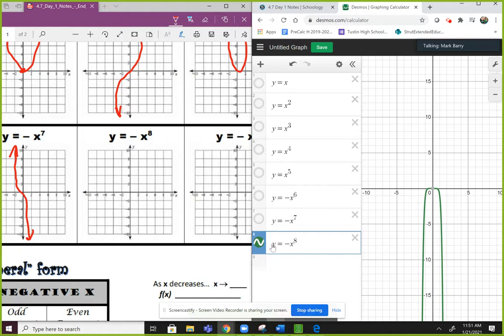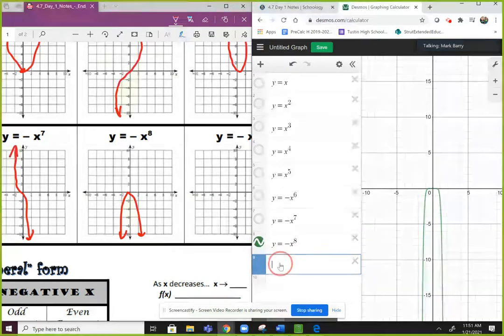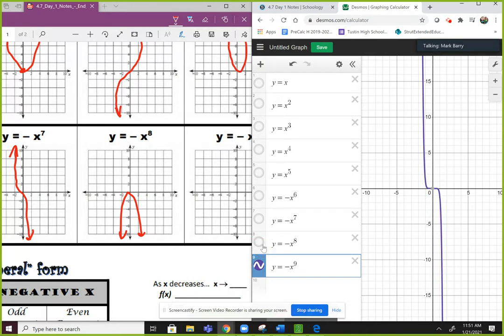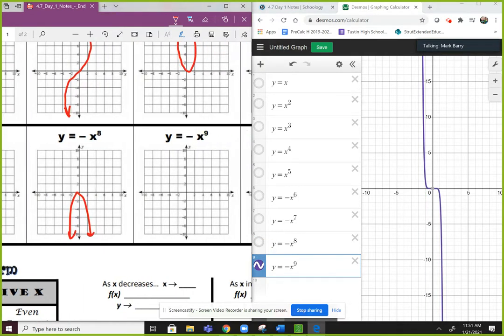So what we're starting to notice here, again, as kind of expected, is that the even exponents really act all the same, and the odd exponents also act all the same, okay? So with that logic, we should be able to predict negative x to the 9th power. I would say it just looks like that negative x to the 7th power, and you can see that it does.